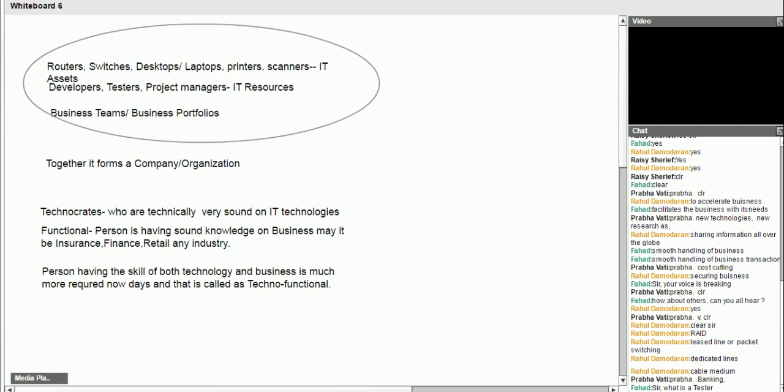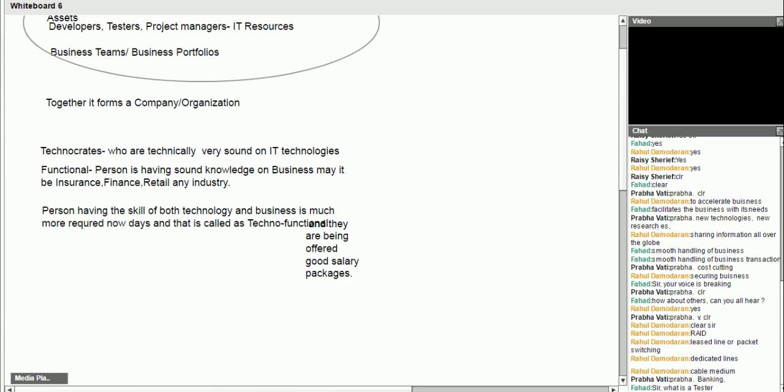A person who has the skill of both technology and business is called techno-functional, and they are being offered good salary packages. Okay, clear to all?